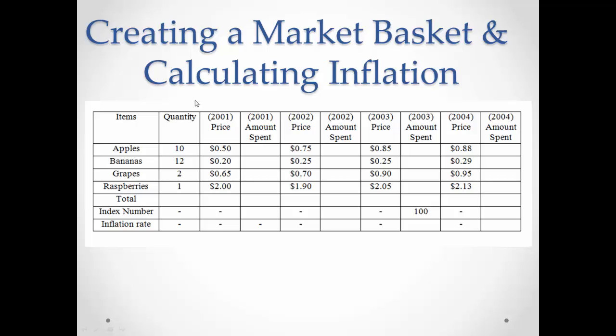So let's get started creating our market basket so that we can ultimately find out inflation over time. To do this, for each year, we need to find out the total dollar amount of our market basket.